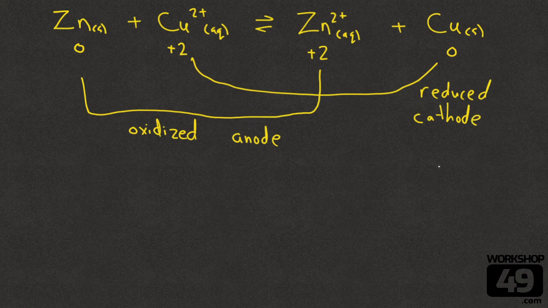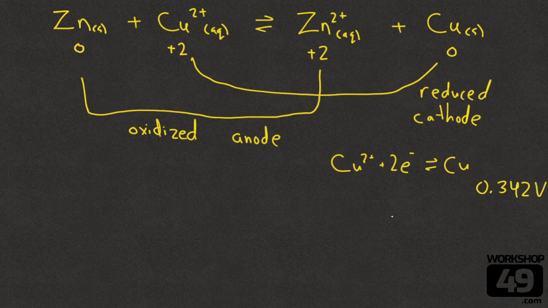Again, we can check a standard reduction potential table, and you would find out that copper is still Cu2+ plus 2 electrons, reversible with copper metal. You're going to find in the table that that is in fact 0.342 volts, and you get fairly fast at looking these up.